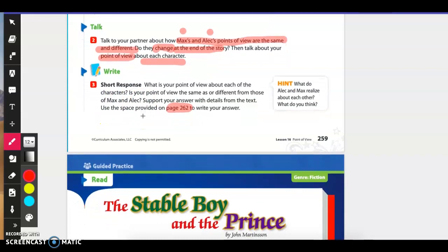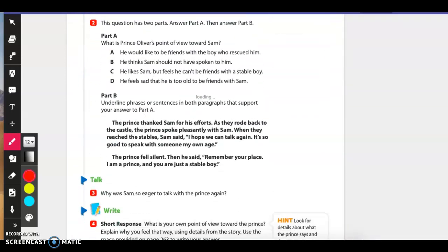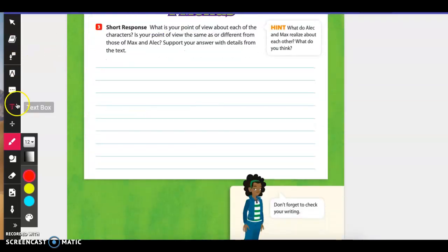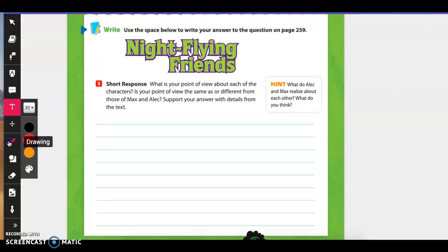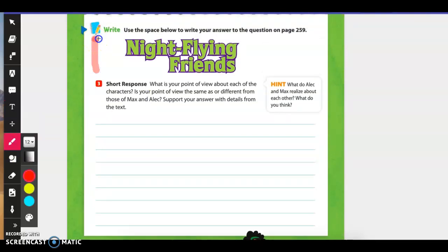So let's turn to page 262 in your packet. Here it is. I'm not going to complete this because it's asking for your point of view, but I am going to guide you through how to use RACE: restate, answer, and cite your evidence.